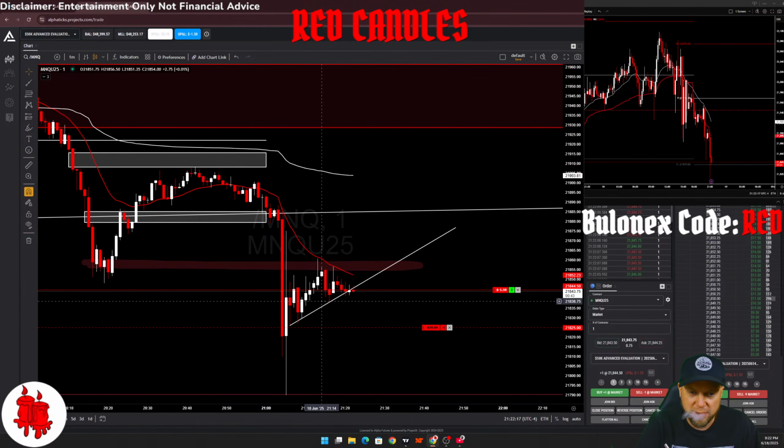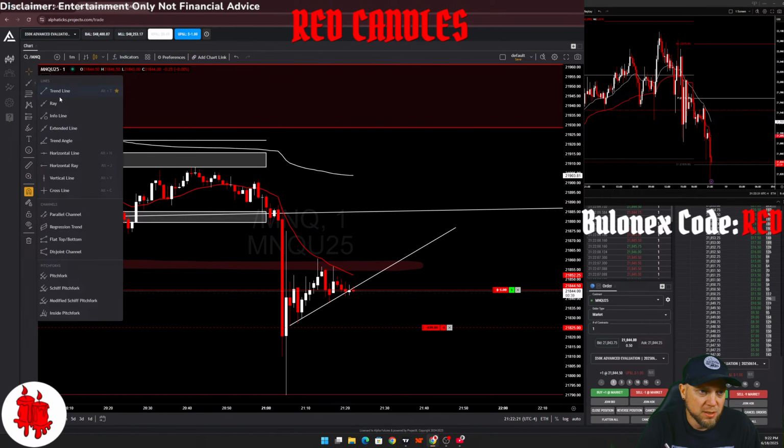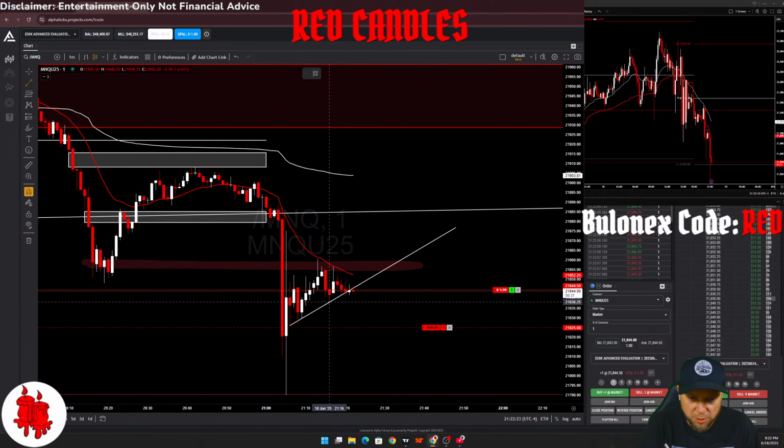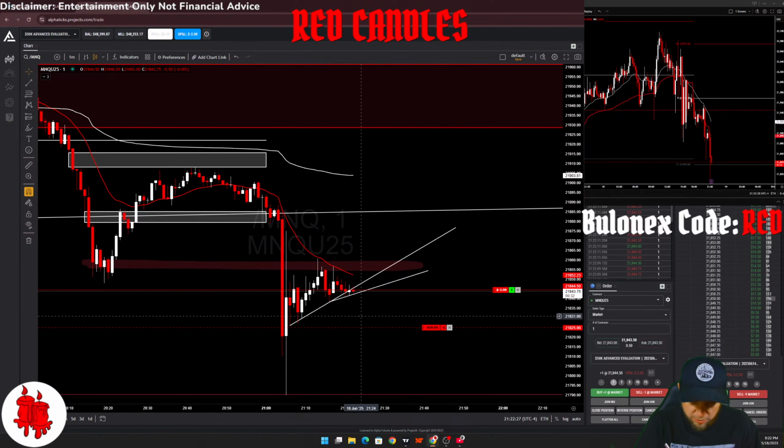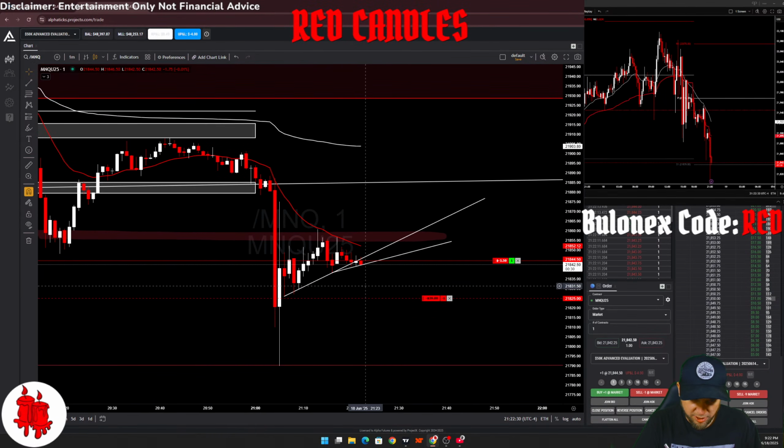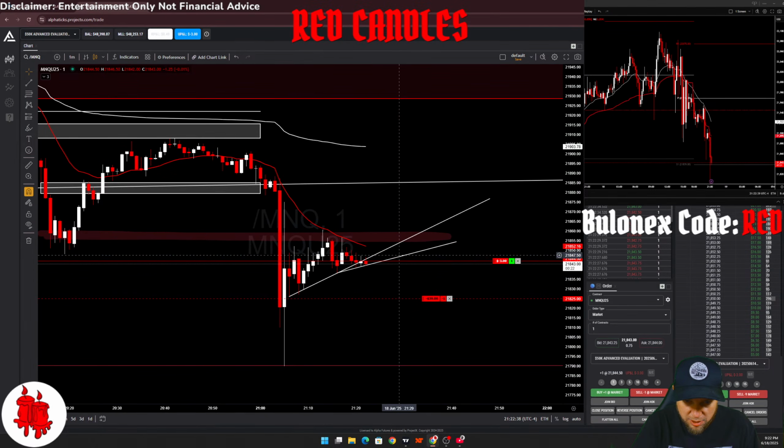Just breaking the trend, breaking the trend. Don't break the line. We need you. You're supposed to be supporting. This is like the tiniest trend line in the world. It really ain't no trend line.